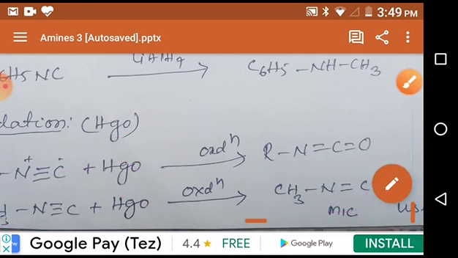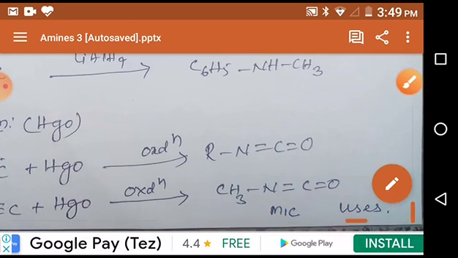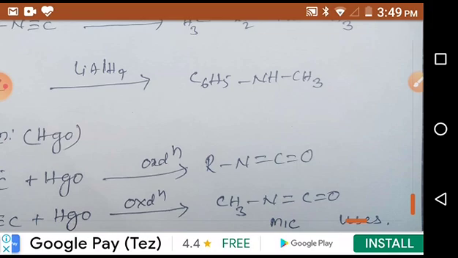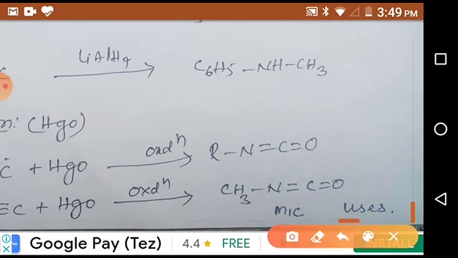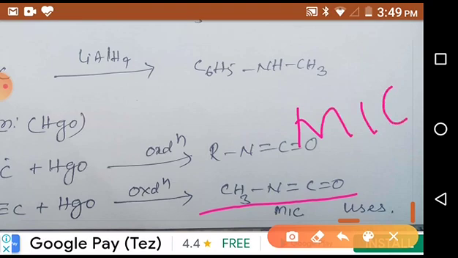You see carefully, this is the compound. Methyl isocyanate. In short, we call it MIC. Methyl isocyanate is a very well-known gas. In the Bhopal tragedy, it is the gas responsible for the tragedy.